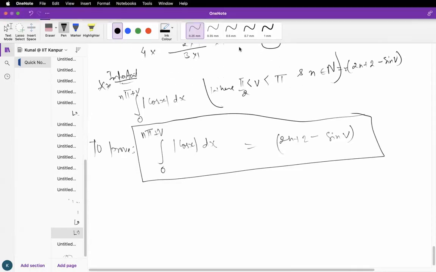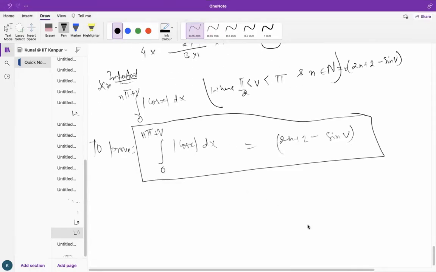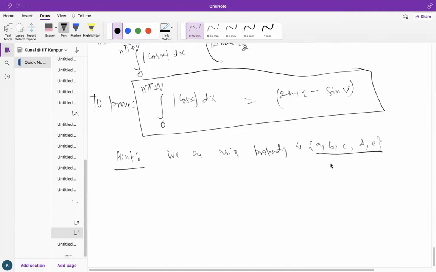So pause the video and try to solve it on your own, and then look at the solution. That will be more effective for you. I'm giving you a hint: we are using property 4. I'm not going to tell you the section because it will make it easy for you. 4A, B, C, D, any of them, right? You have to select which property I'm going to use here. So pause the video and try to solve. Then I'm going to solve that.